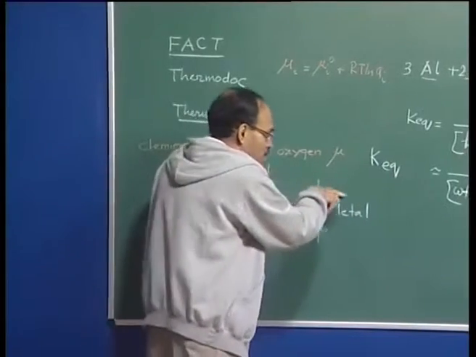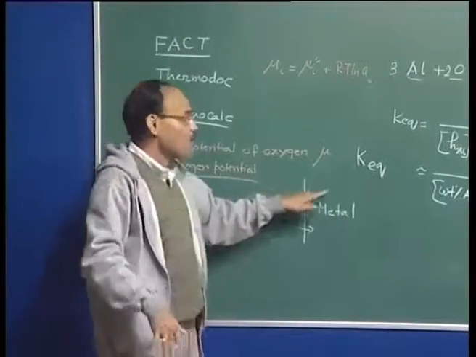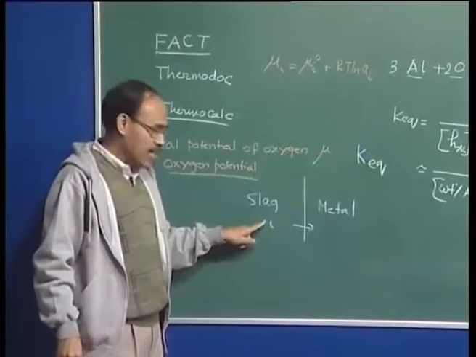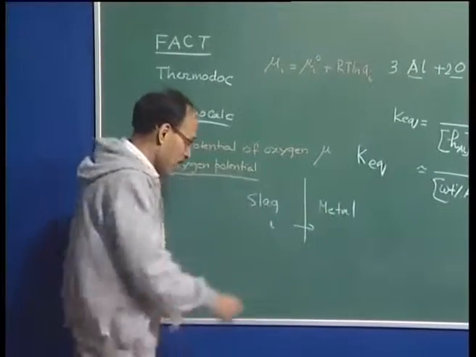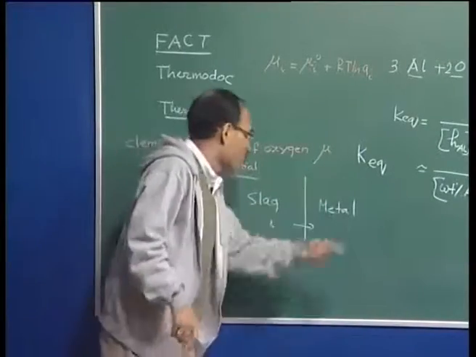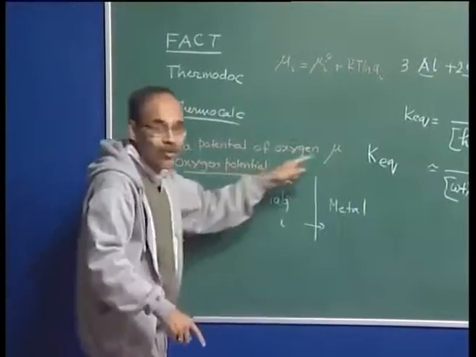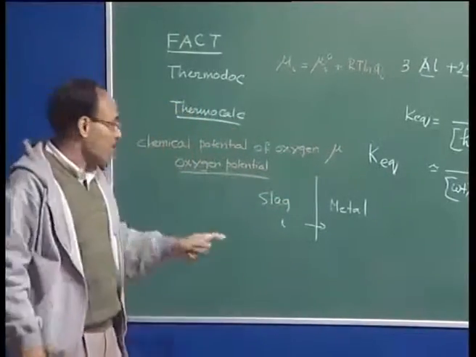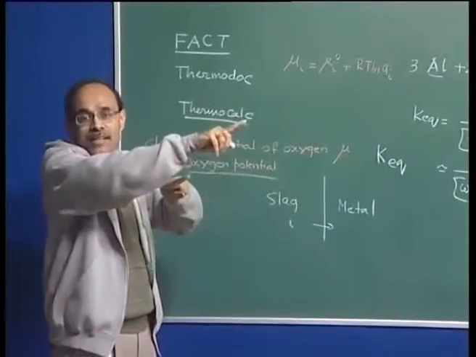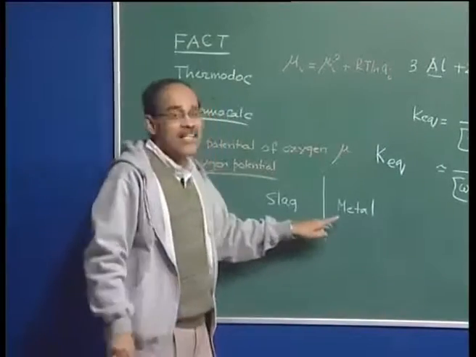Heat will flow in this direction, and heat flow will come to a standstill when the temperature becomes identical. Similarly, if the species i has a higher chemical potential in slag and a lower chemical potential in metal, the transport will take place in the direction of slag to metal until chemical equilibrium. So, that was the thermal equilibrium when we talk about temperature. A chemical equilibrium is going to be established at the interface. That means there is no net movement across the interface, provided the activity or chemical potential is identical here.